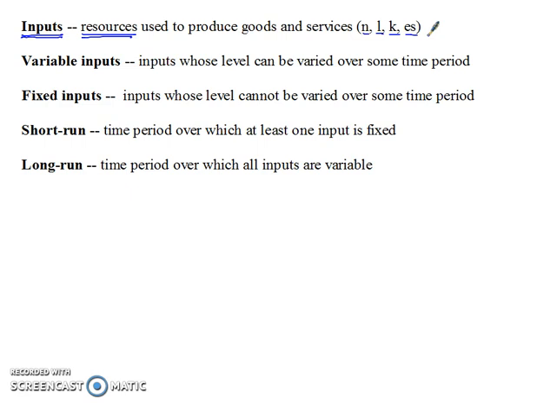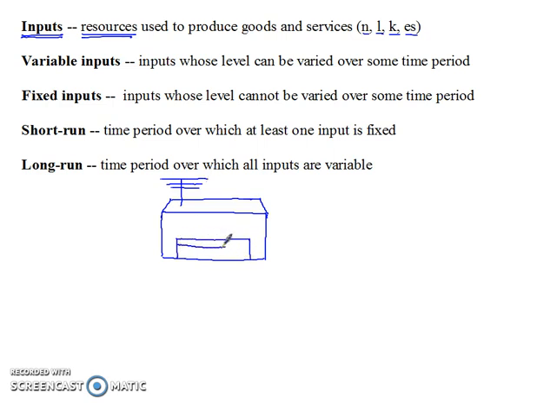So let's get a picture going here. Let's say that we have some factory, and we're going to say this is a car factory, and here's some big garage entry or whatever.